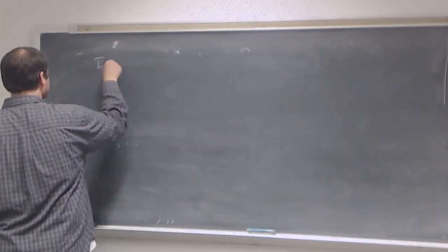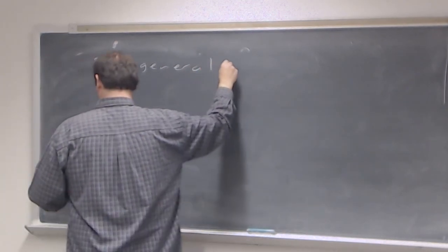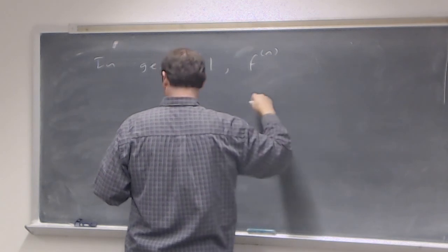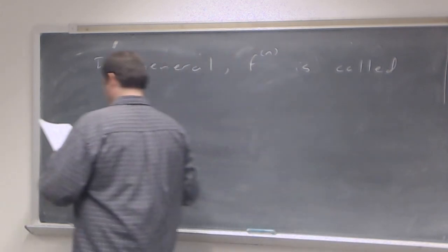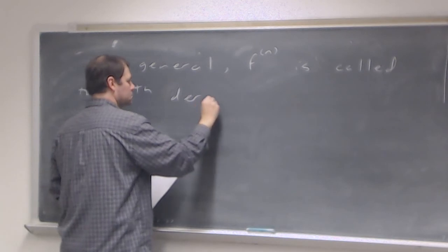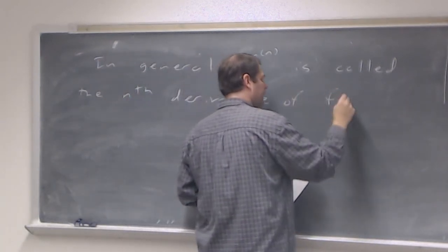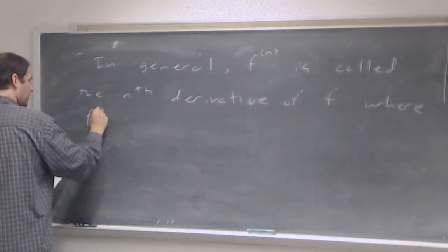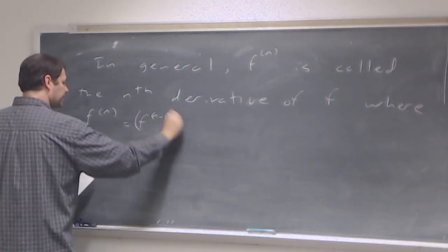So in general, f superscript n in parentheses is called the nth derivative of f, where the nth derivative of f is really equal to the derivative of the n minus 1 derivative.